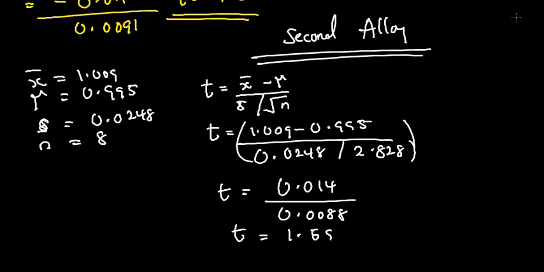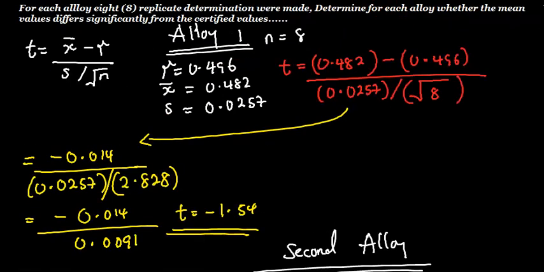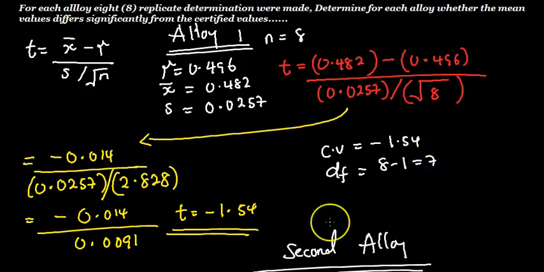Let's check something about the first one, which I forgot to mention. In this case, the first alloy, our calculated value is simply negative 1.54. Our degree of freedom is going to be 8 minus 1, which is simply 7.